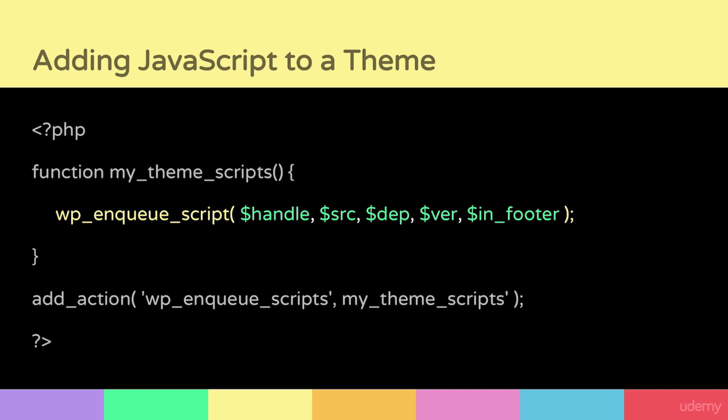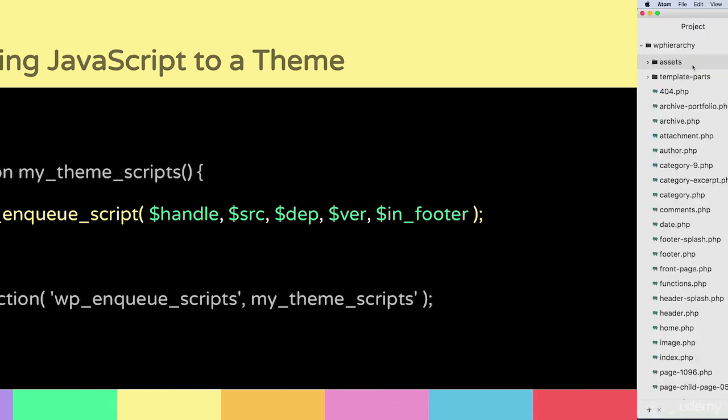In most cases, you see JavaScript preferred to be loaded in the footer unless there's another reason. So in order to load in footer, you would just say true, but by default, I believe it's false, so it will go in the header. So let's jump from here into our code and look at adding a JavaScript file, just doing some simple JavaScript, and then we'll talk about a few other related things in relation to dependencies in JavaScript.